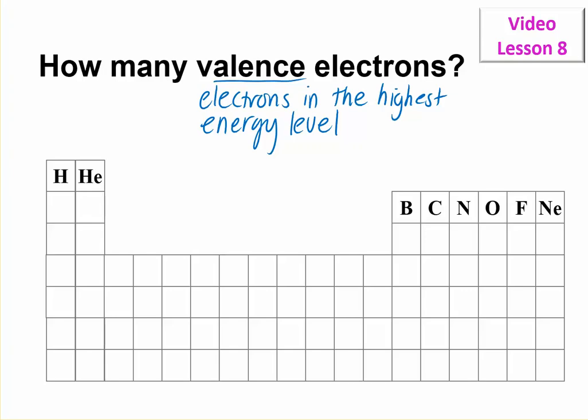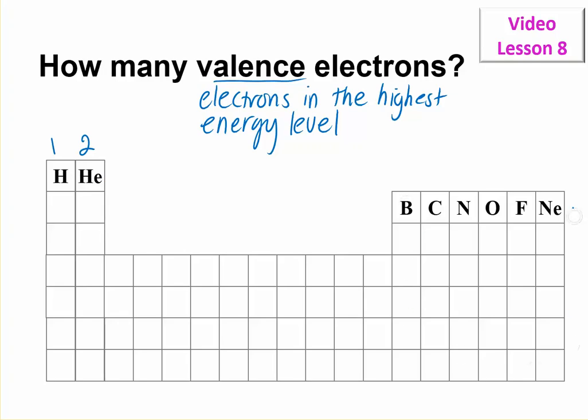Those are the electrons that are closest to the outside of the atom, and they're involved in bonding. So we can look at the periodic table and say that these have one valence electron, one valence electron in an s orbital. These have two valence electrons, two electrons in an s orbital.